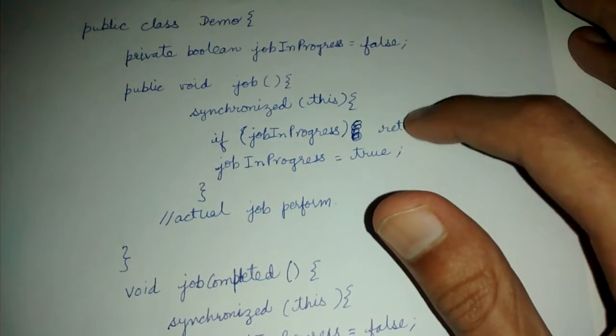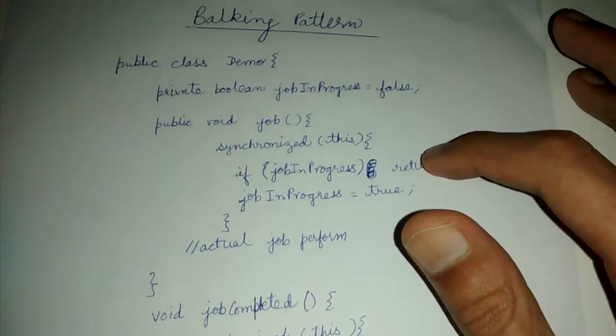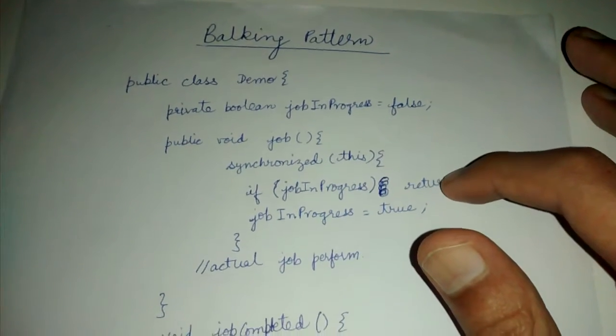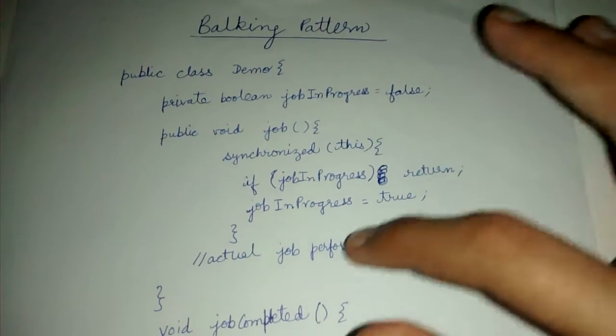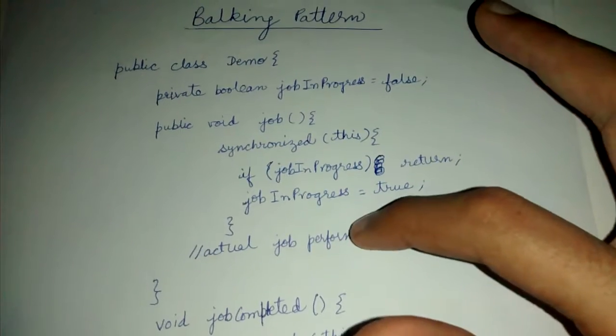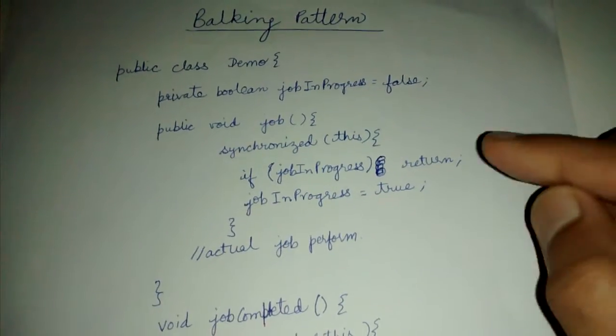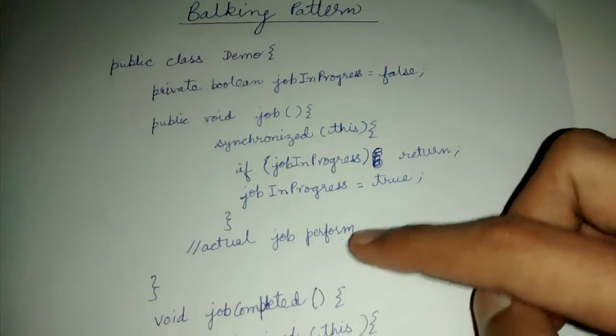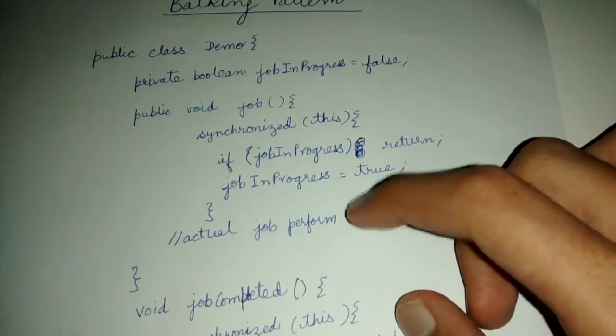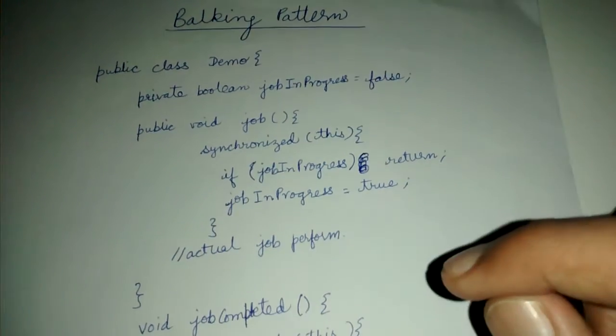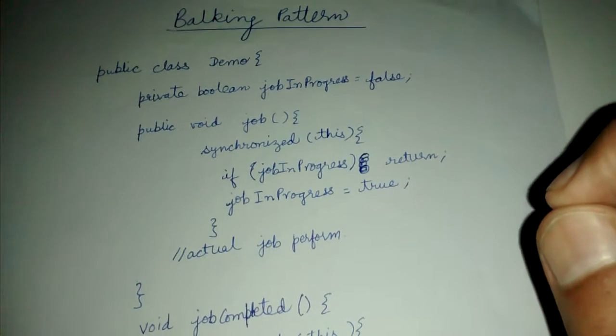So they will not get to perform the job. It balks, this thread actually balks, that is, stops other threads from accessing this portion of the code, the actual job performing. So hence it is named as the balking pattern.